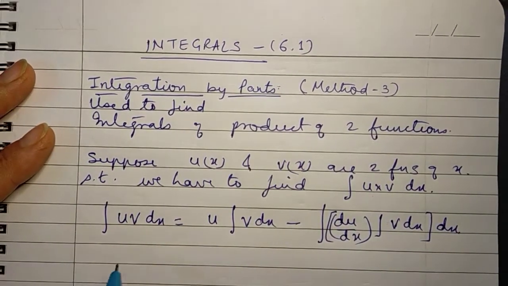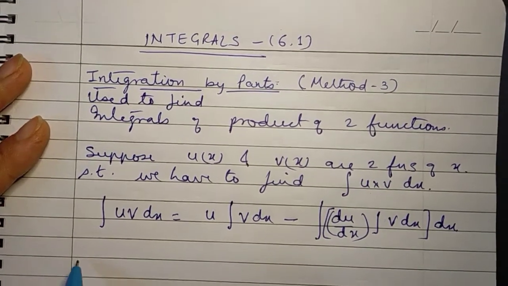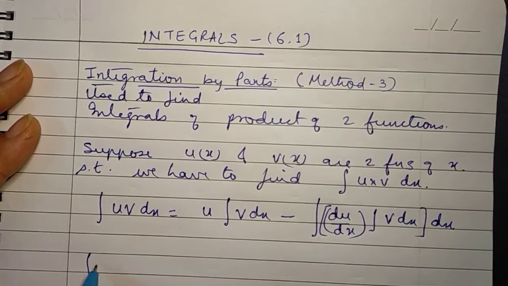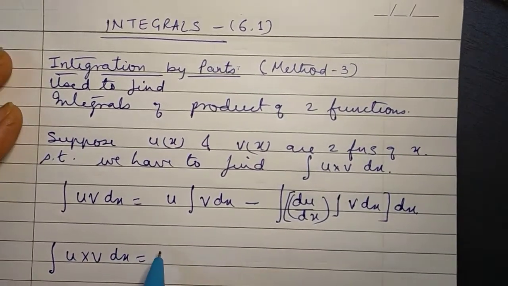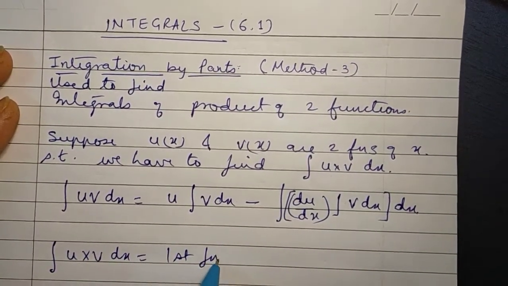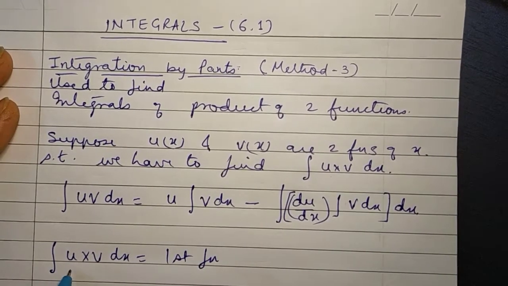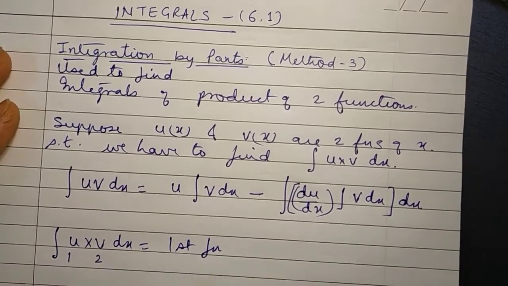And how do we remember this? The integral of product of two functions u into v dx is equal to first function, which is u here. So we call it first and we call it second.